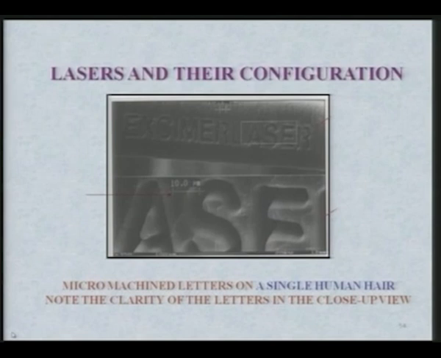It is really surprising that researchers are able to write the words excimer and laser on hair. Micro machined letters on a single human hair. Note the clarity of the letters in the close up view. Here is the close up view.